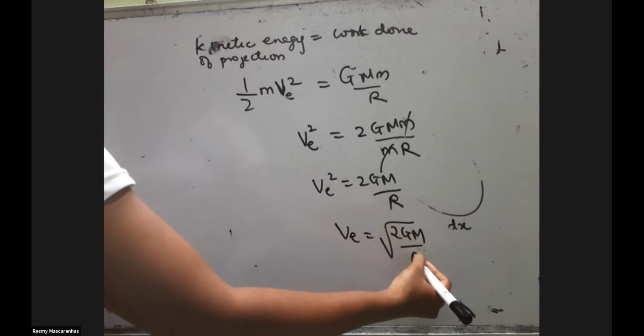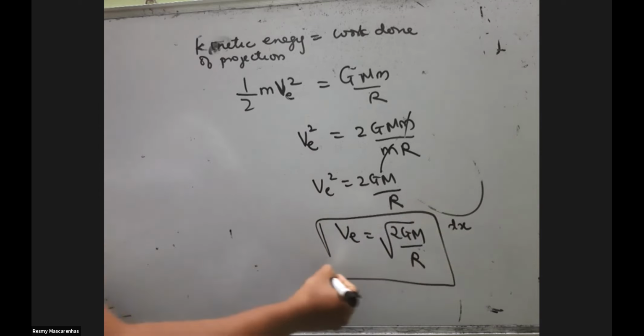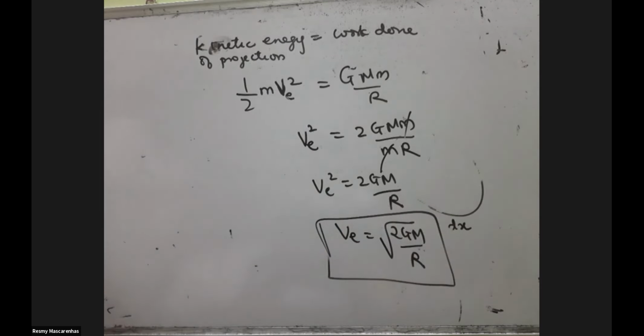This is your escape velocity formula. This is when you know the gravitational constant, the mass of the earth and the radius of the earth.